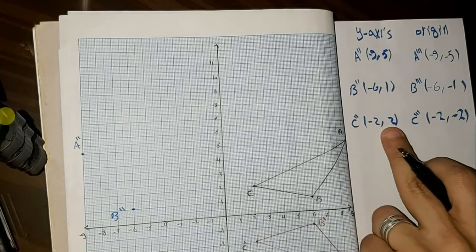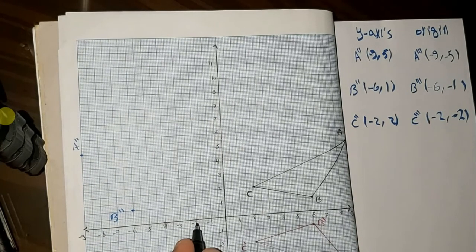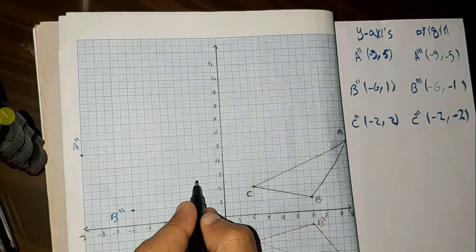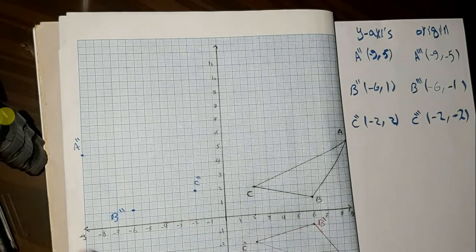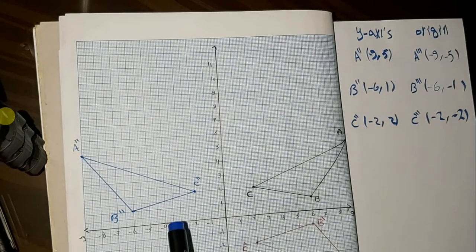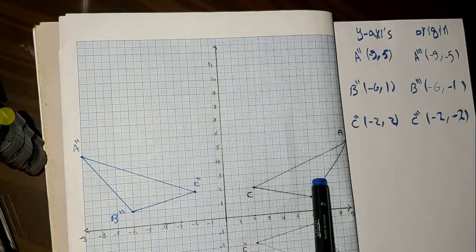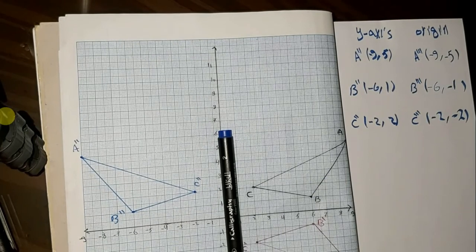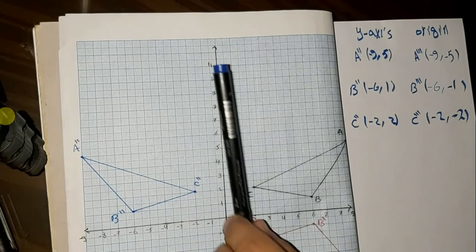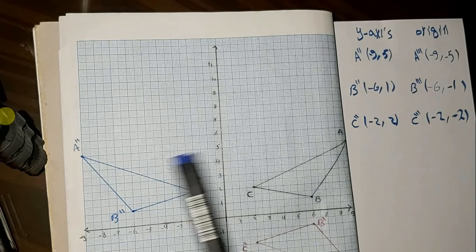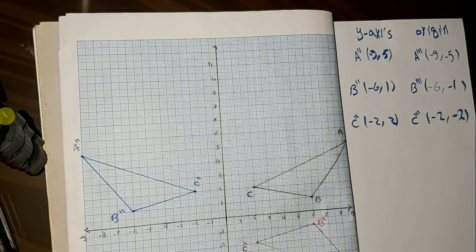And the last one, -2 and 2: we search for -2 and go up to 2. It will be C double dash. After that, we join the 3 points with each other. This is our third triangle, the reflection of the original triangle in the y-axis. So the y-axis is like a mirror. The distance between any point and its image is equal.